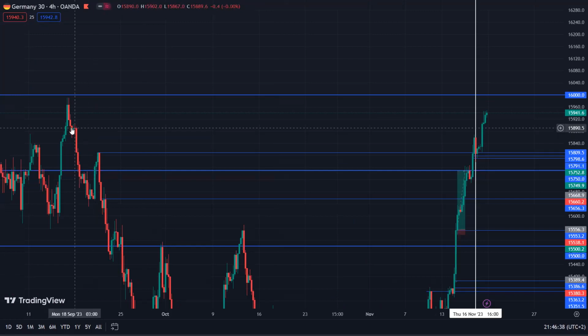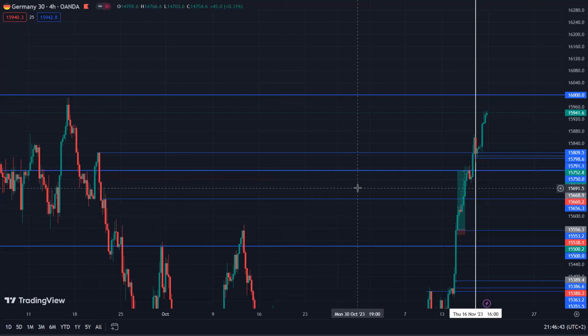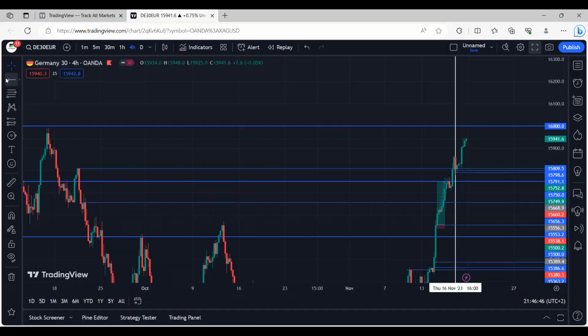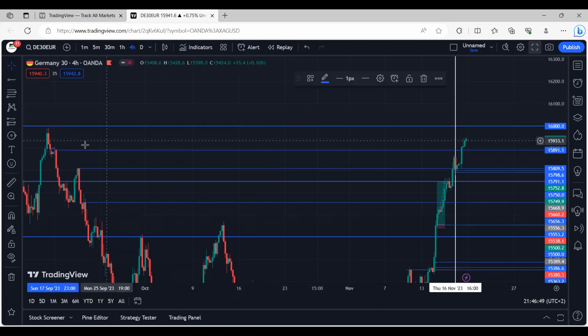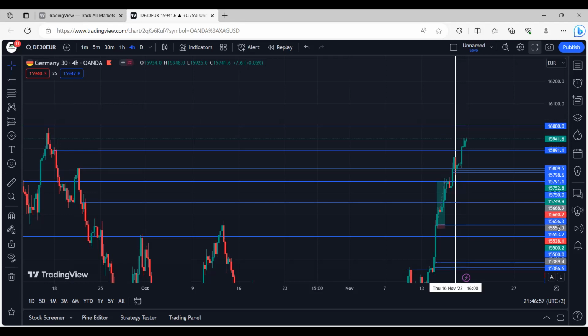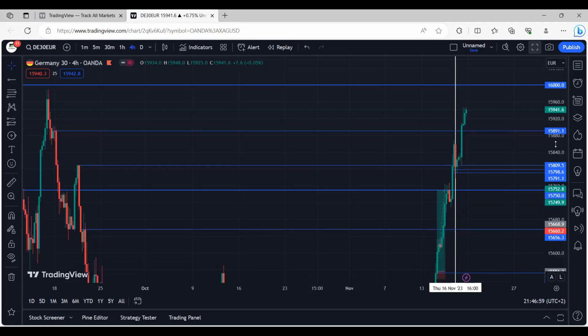Like the second structure. Then I'm gonna show you why I'm saying that's my second structure also. With that second structure also, guys.